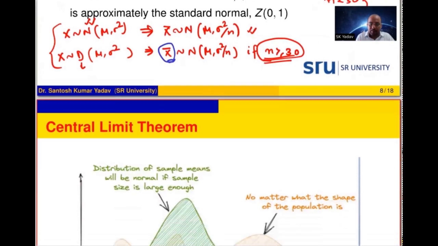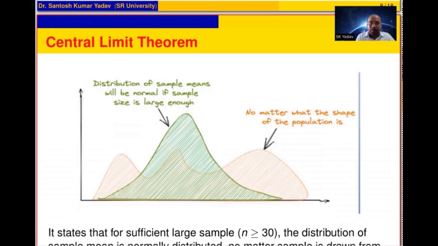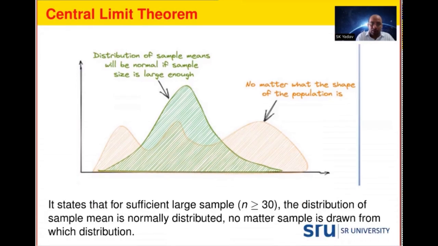Now this can be seen by a diagrammatic representation here. This shows the distribution of the sample mean will be normal if the sample size is large enough. And here this curve represents that the distribution is not normal. So it will not matter if the sample is sufficiently large.